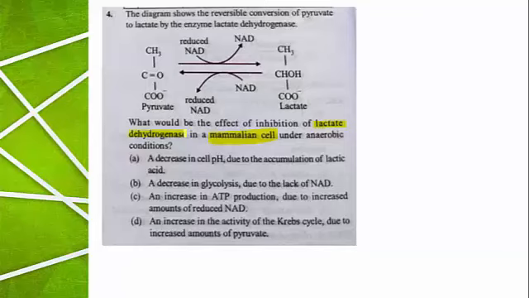In the mammalian cell, what happens when lactate dehydrogenase is inhibited? The answer for this question is a decrease in glycolysis due to the lack of NAD, because NAD is reduced and converted into NADH. Without this, there will be no conversion of pyruvate into lactate, because fermentation uses NADH, and NADH is converted to NAD plus, which is a donor of hydrogen as well as electron.